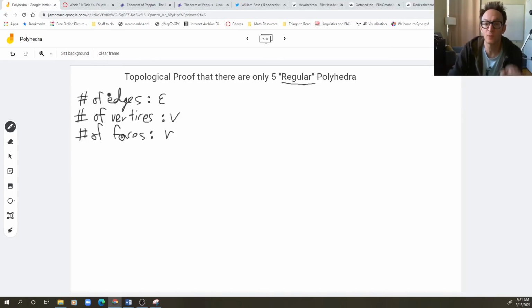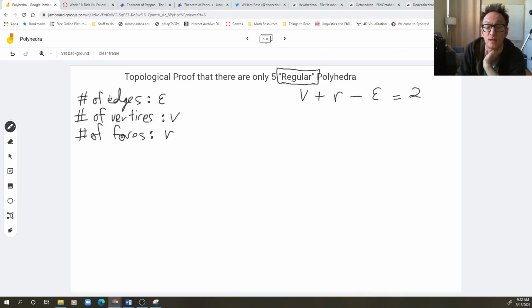But one way or another, we have already proven, I'm taking it as a central background, previously proven fact, that we have Euler's formula. So that the number of vertices plus the number of faces minus the number of edges is 2.